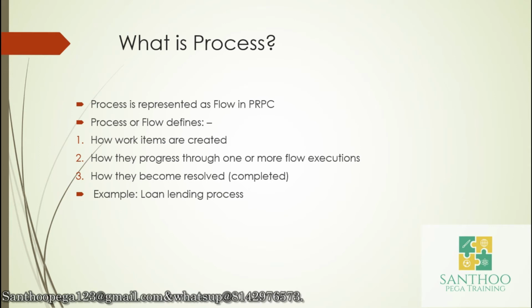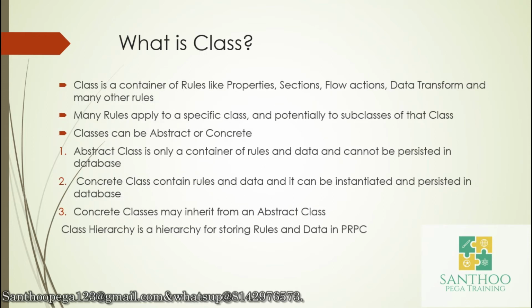That code is defined there, and I can use those instances in my application wherever I want. That is the purpose of using abstract classes and concrete classes. The concrete classes are used to create an instance, and that instance we use to store in the database. So like this.